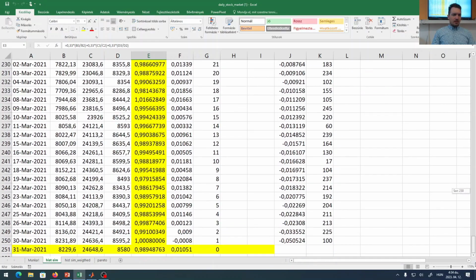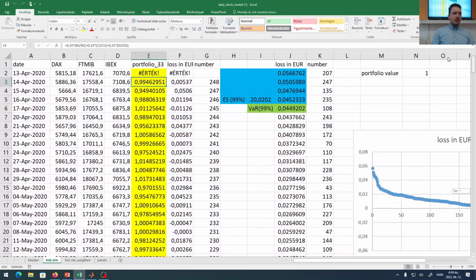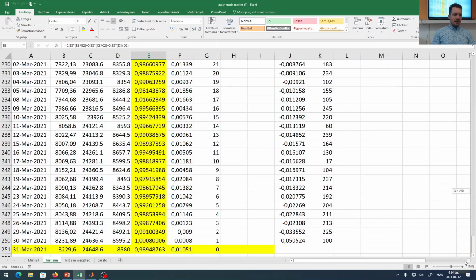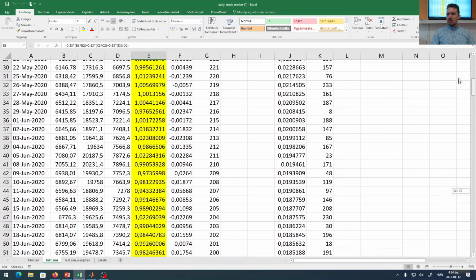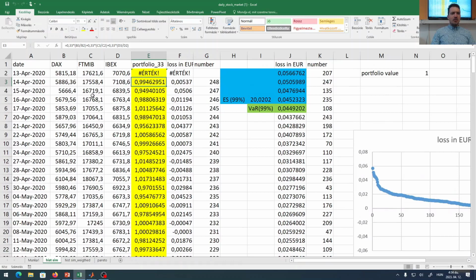It starts in 2020 and ends in 2021, so this one is a bit old, but practically this is a portfolio created from two different stock market indices.